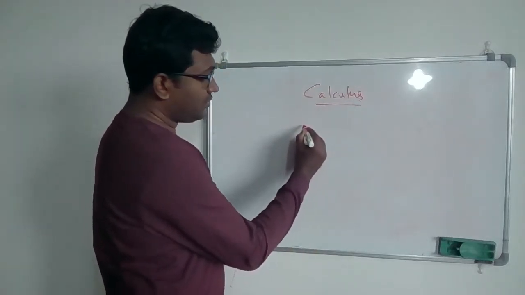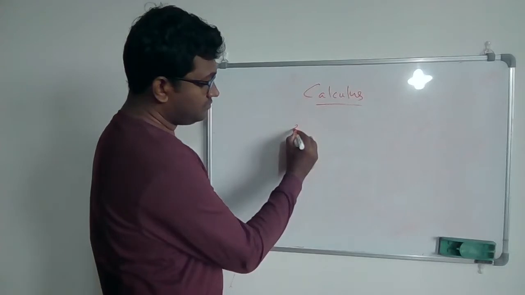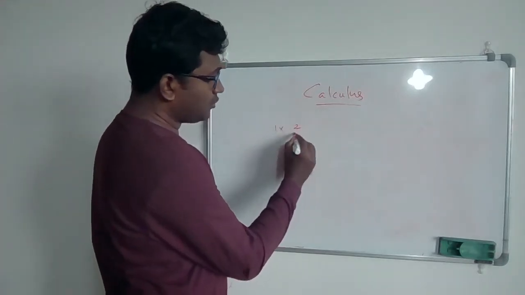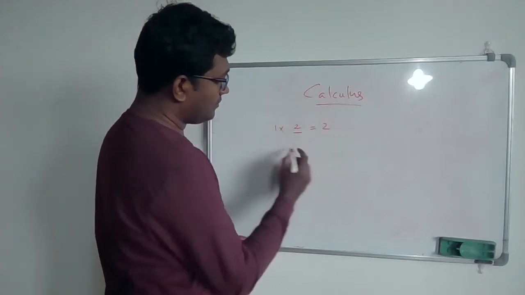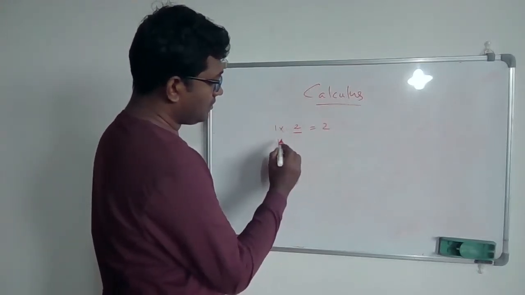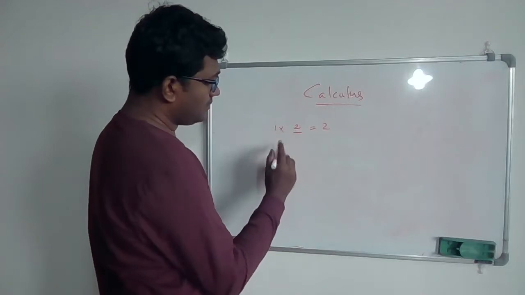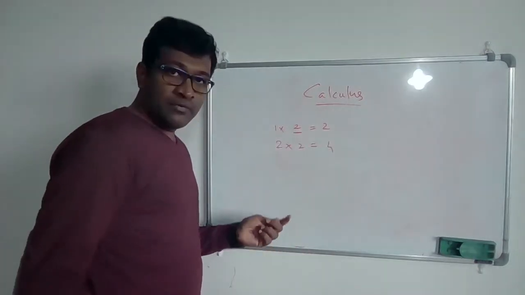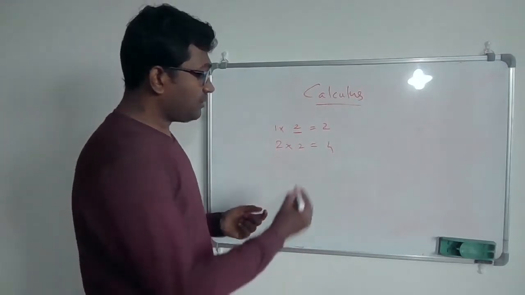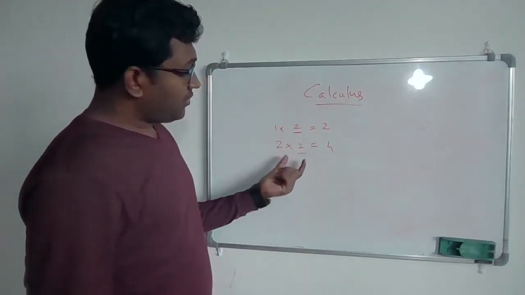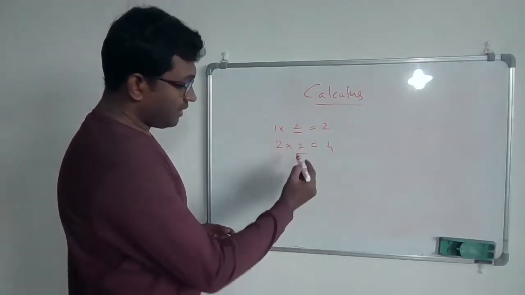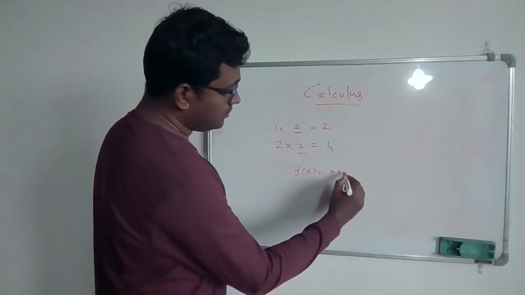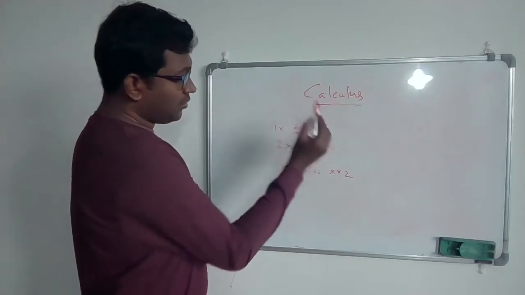Where we try to find the number 2. If you remember the example from the machine learning fundamentals, we were trying to find the function f of x equal to x into 2 by giving the input and the output.